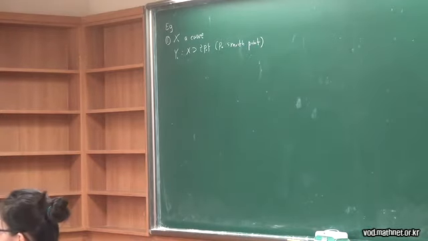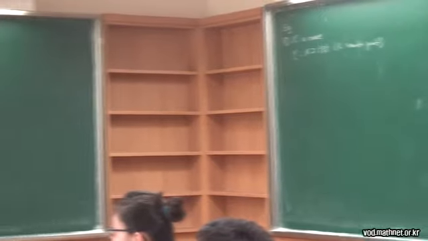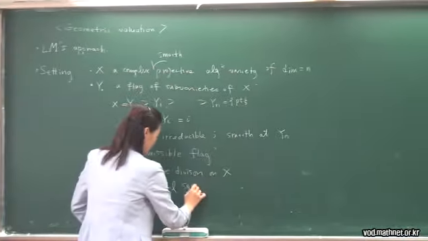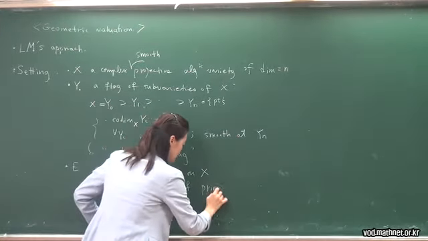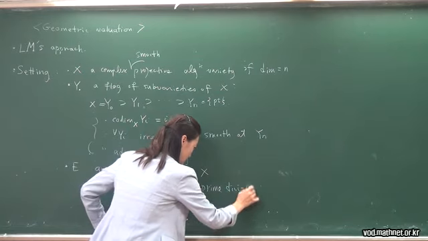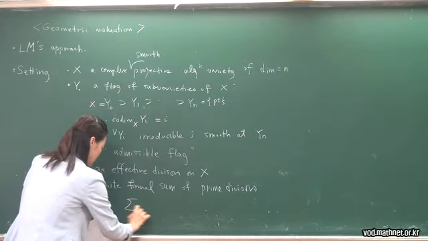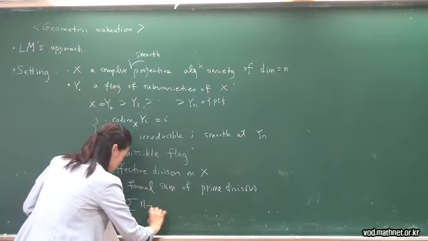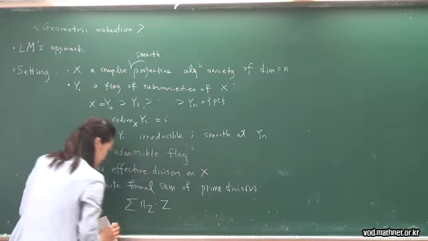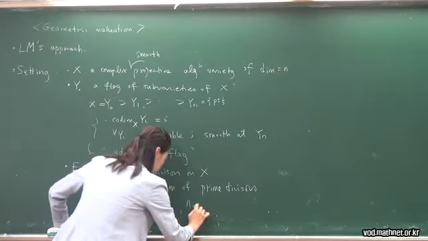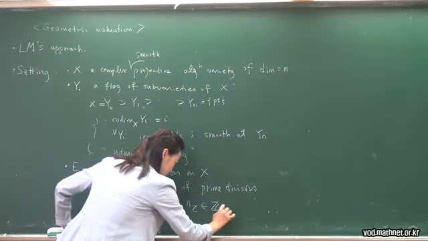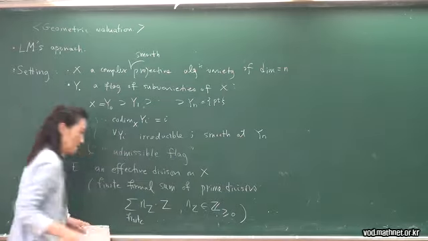Yes, non-negative. So it's a finite formal sum of prime divisors, say n_Z times Z, so it's a finite sum such that the n_Z are non-negative integers.